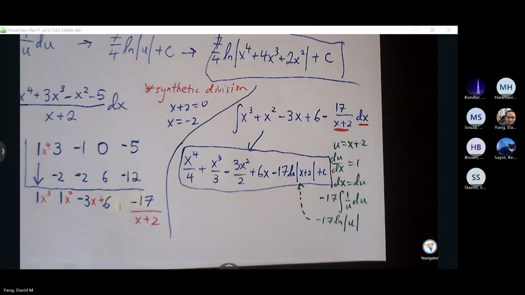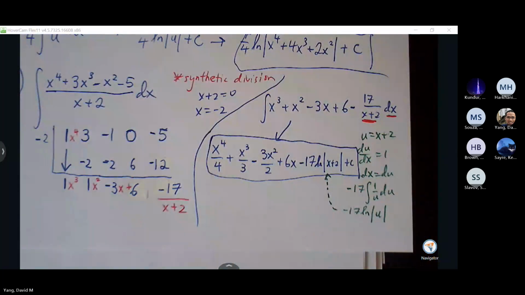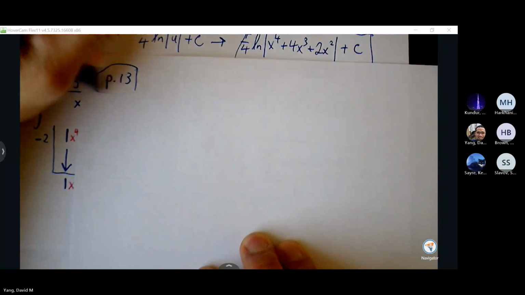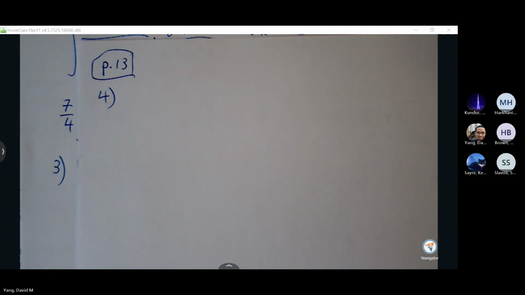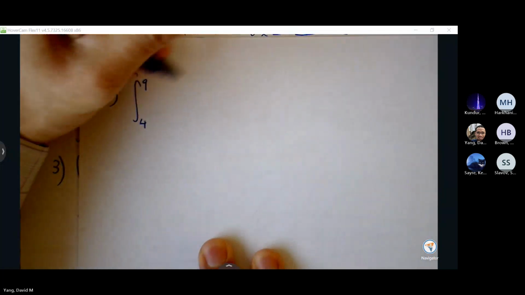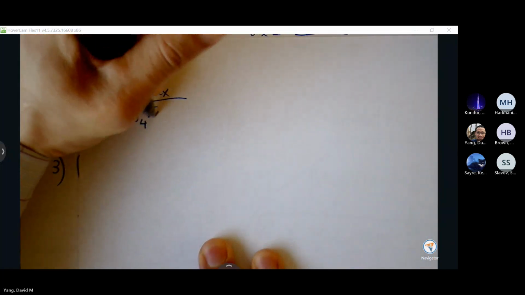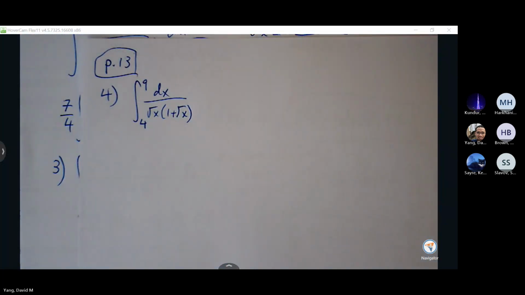Okay, number 4. All right, so we see bounds in this definite integral problem.